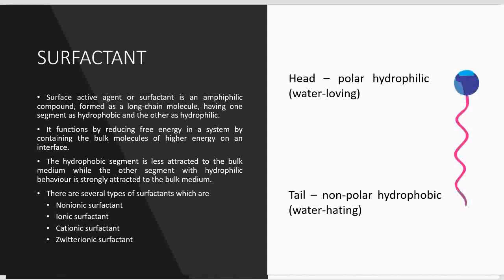For non-ionic surfactants, the head is non-ionic. For the ionic surfactants, which we can divide into anionic and cationic, they have either positive or negative charge. And the zwitterionic surfactants have both charges on their head, positive and negative.